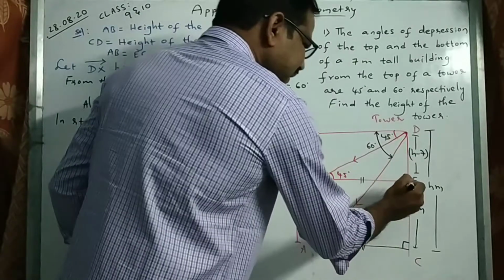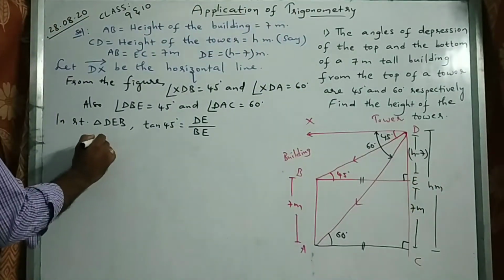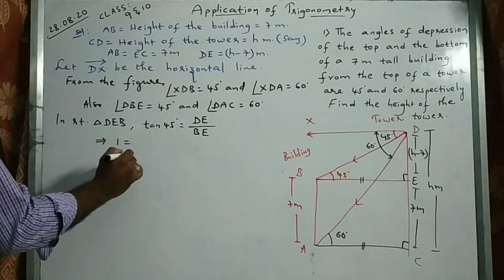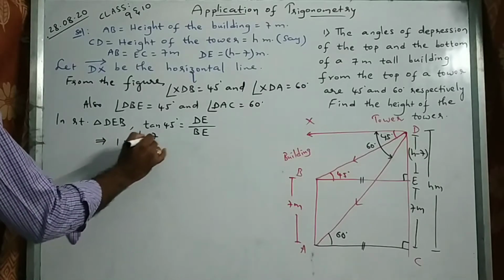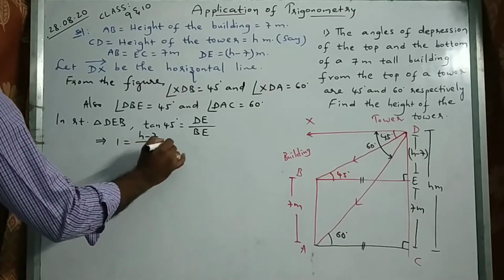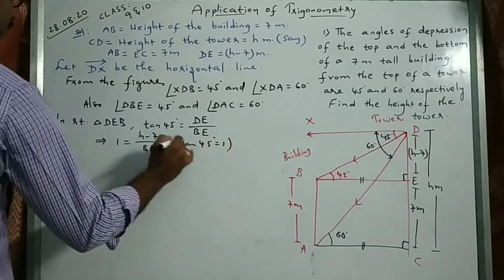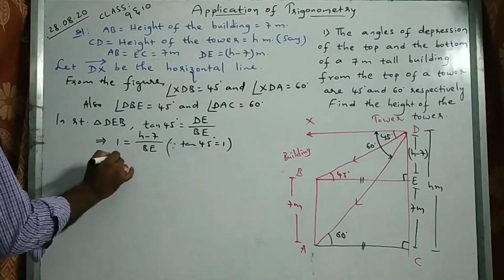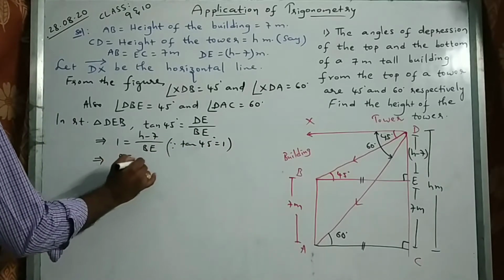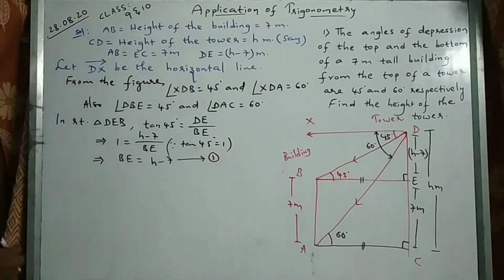DE. The adjacent side is BE. Right? DE by BE. Tan 45 how much? 1. DE length h minus 7 upon BE. Since tan 45 degrees value is 1, if you take cross multiplication, BE is equal to what? h minus 7, equation 1.